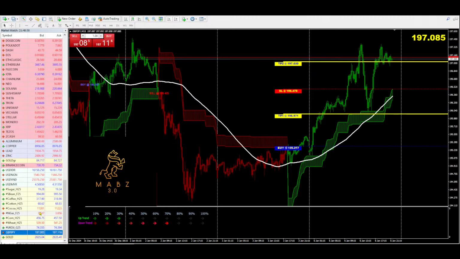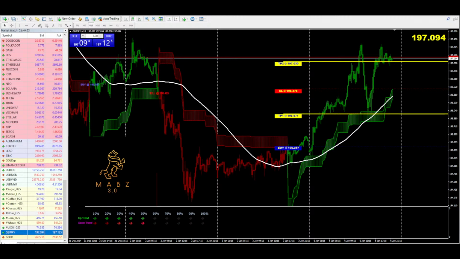You might be making money on a particular trade, but because you're not managing it correctly, it becomes a problem. You make a profit, then when the market turns around, you lose your profit and some of your money because you didn't manage the trade effectively. So you just need to do that.